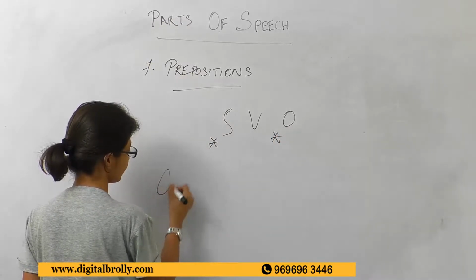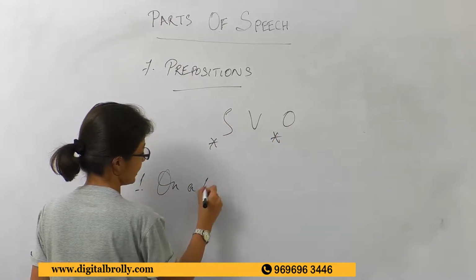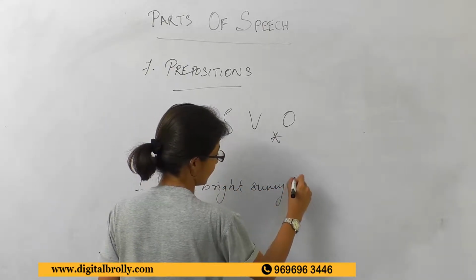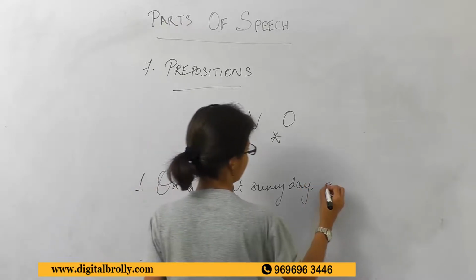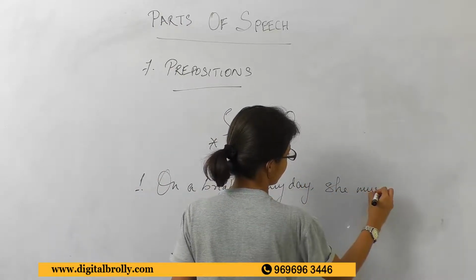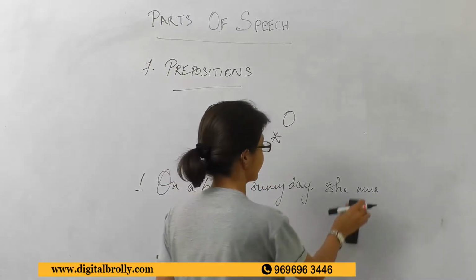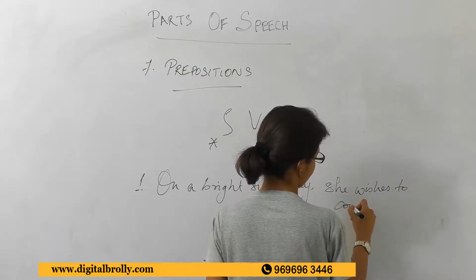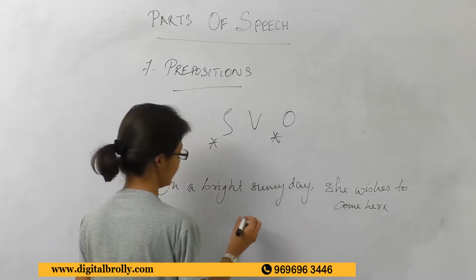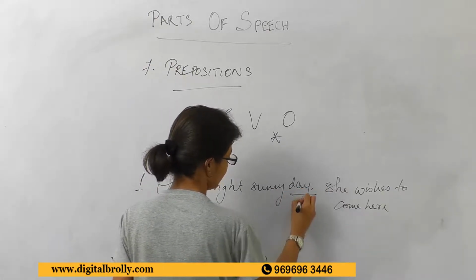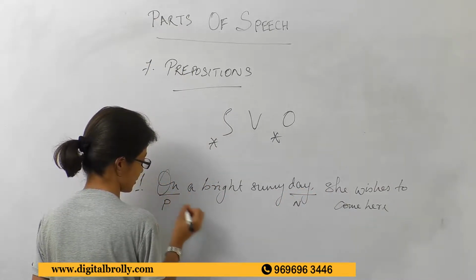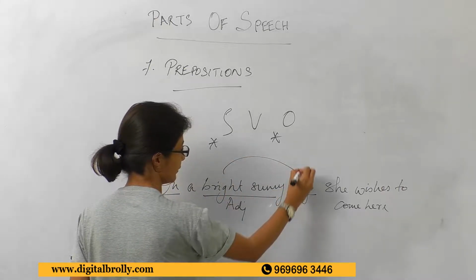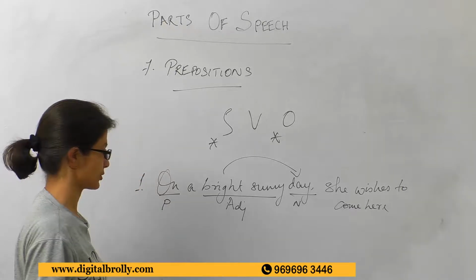For example, number 1, on a bright sunny day, she wishes to come here. So here is your noun and here is your preposition. These both are simply adjectives adding to the meaning of day. So here is your preposition.